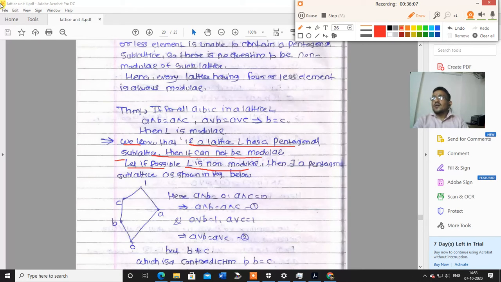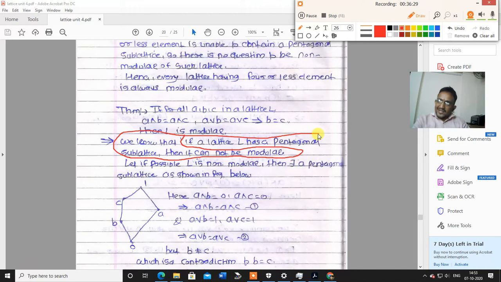By contradiction, we assume that this lattice is not modular, then there exists a pentagonal sublattice as shown in the figure.